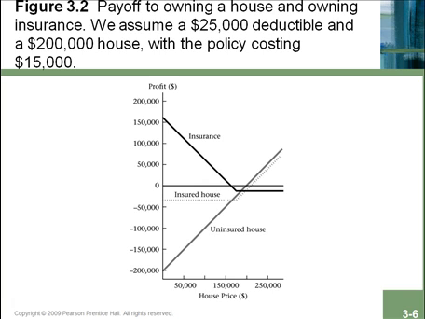In other words, if the underlying asset is your house, uninsured by itself, and then you combine that with a put option on your house, which effectively is the insurance policy, then you end up with an insured position, which is represented by this dotted line on the graph here. And of course the dotted line shows that you can only lose a certain amount on your house, which is basically determined by the deductible.